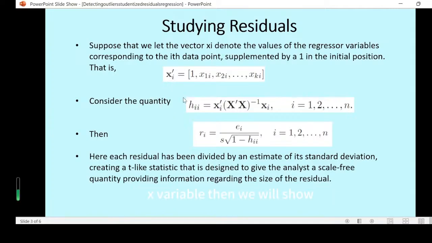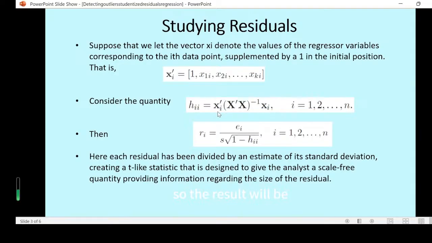Then we will show there is a scalar value called hii, which is xi's row vector times the inverse of X transpose X, where capital X is the matrix for all observations of the explanatory variables. So this part is right multiplied with this row vector, then times this column vector.